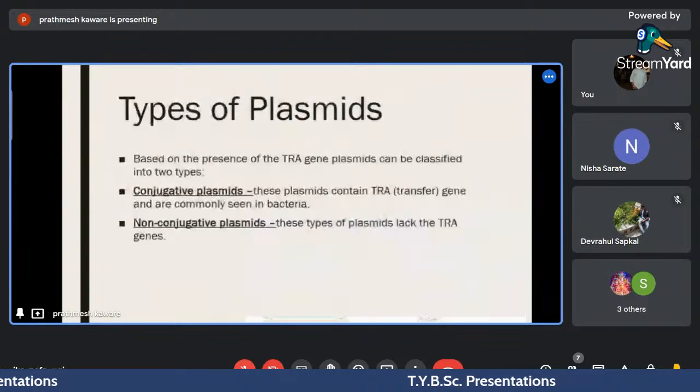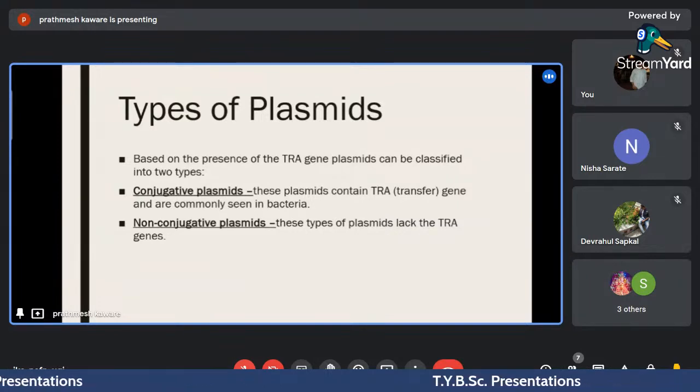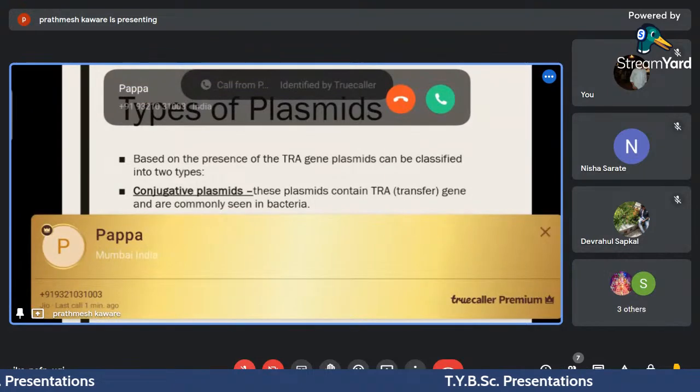So what are the types of plasmid? Based on the presence of the tra gene, plasmids can be classified into two types: conjugative plasmids, which contain the tra gene and are commonly seen in bacteria, and non-conjugative plasmids, which lack the tra gene.